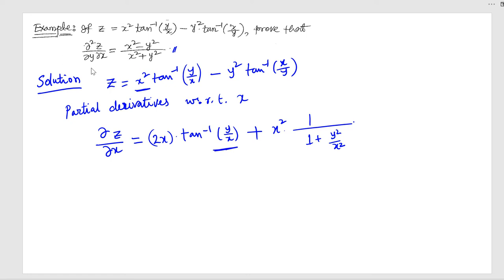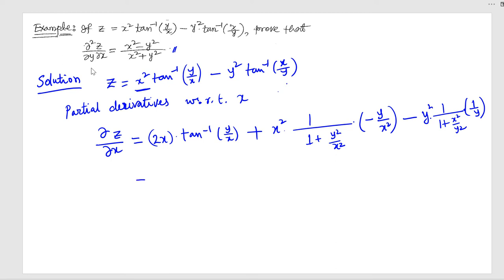But we are differentiating with respect to x, and this y is constant now. So 1 by x is there. So for that we will have again y by x square. And then we have only x square. So minus y square into tan inverse of x by y, that will be 1 by 1 plus x square by y square into, so differentiate with respect to x, so this would be 1 by y.